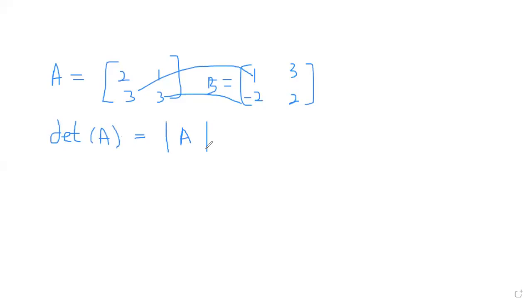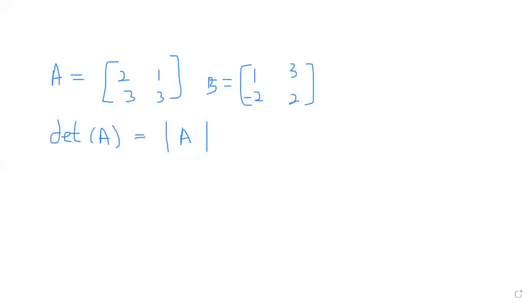Good. Now we'll be looking at the determinant of a 2 by 2 matrix and the determinant of a 3 by 3 matrix. Now for a 2 by 2 matrix, like what we have here, A and B, the determinant is quite straightforward. I want to avoid all formulas, we just want it to look very simple.